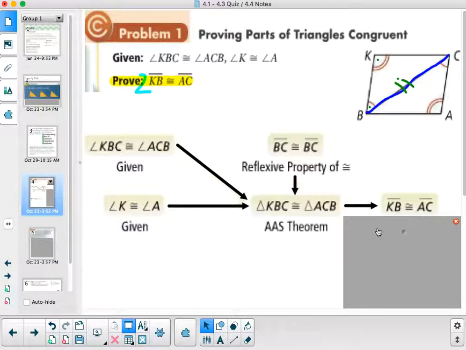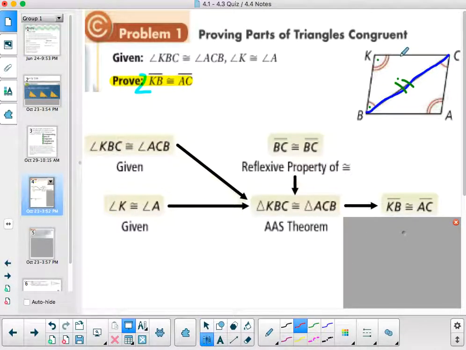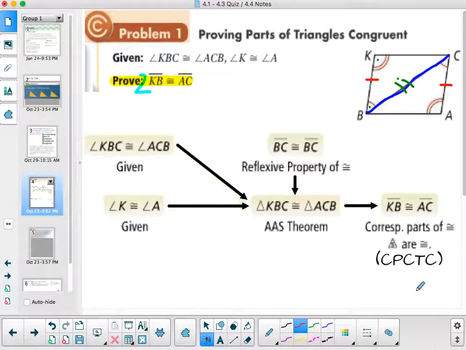So we may now conclude that segment KB is congruent to segment AC because those are corresponding pieces of the 2 congruent triangles. So our reason becomes the corresponding parts of congruent triangles are congruent. Now that becomes really wordy to say, so we simply say CPCTC.